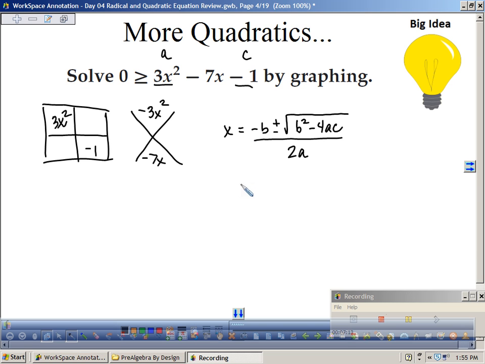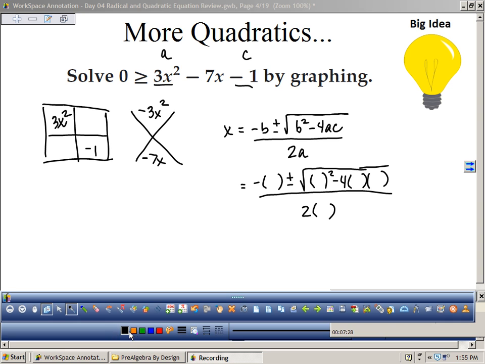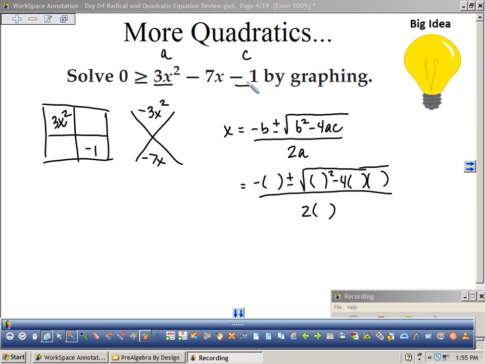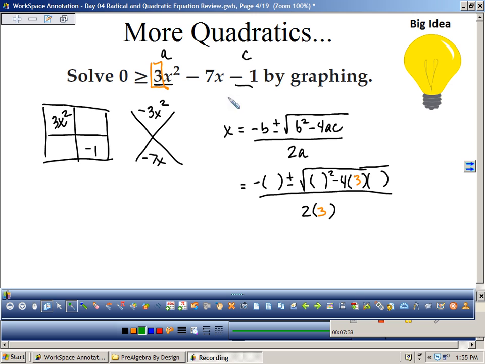Okay, so x equals negative b plus or minus the square root of b squared minus 4ac, all over 2a. So I'm going to substitute those values in there. So a is 3, so I put a 3 here and here.